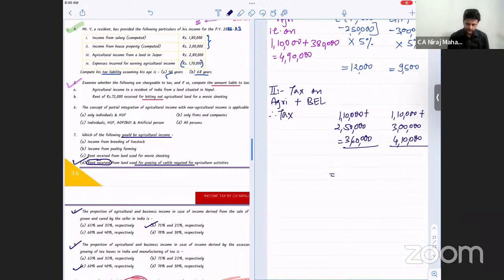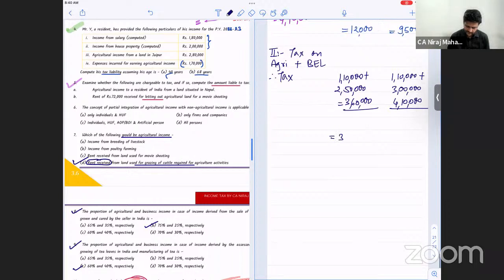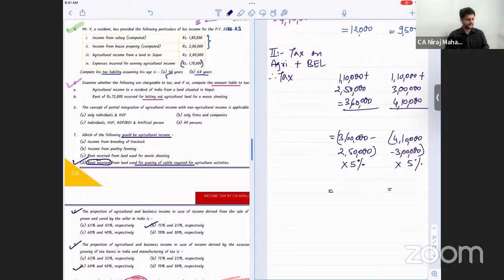So it is now again what calculation? 3,60,000 minus 2,50,000 into 5%, and over here 4,10,000 minus 3 lakhs, correct? Into 5%. Is it okay, all of you?